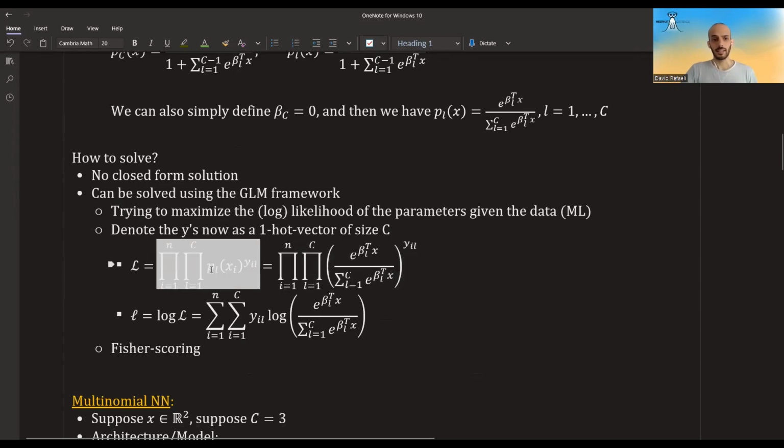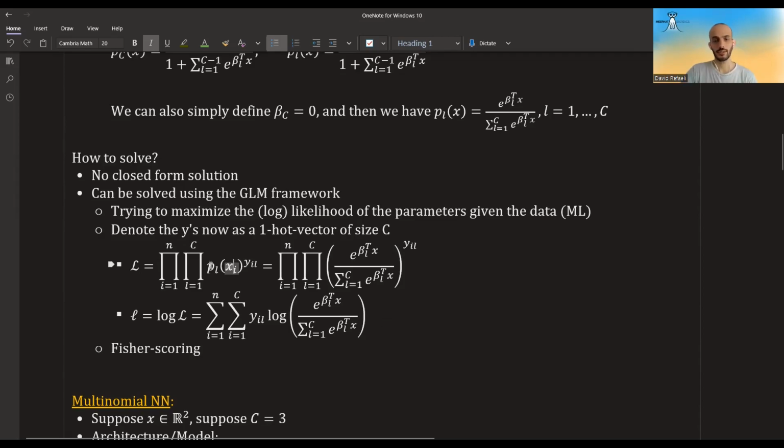Well, the likelihood looks like this: a product over the observations, a product over the classes. For each probability, we take the product of it to the power of y, where y now is a one-hot vector. So for each y, we take the different probability.